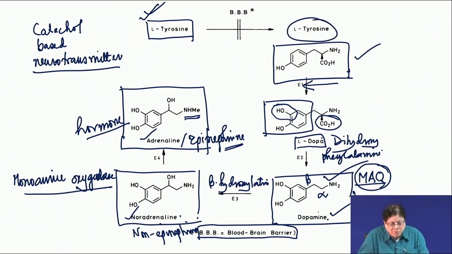That is one way, but the problem is, if somebody takes tyrosine from outside, then tyrosine being a protein amino acid, its main function is to make the proteins that are required in the body. So, by the time everything reaches the brain, that will be very little, because most of the tyrosine will be utilized to make proteins. So, that is not a viable treatment.